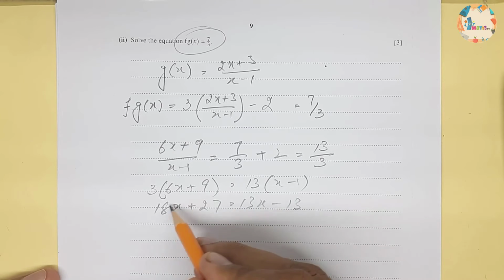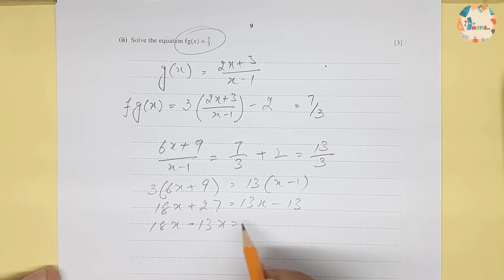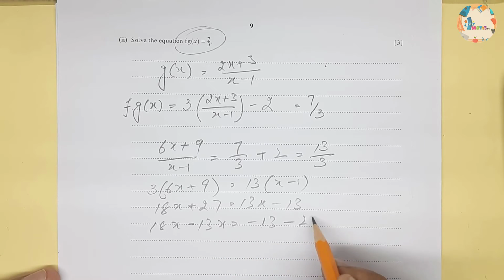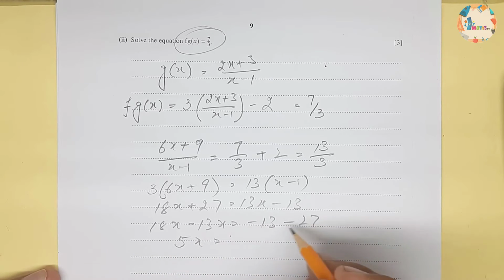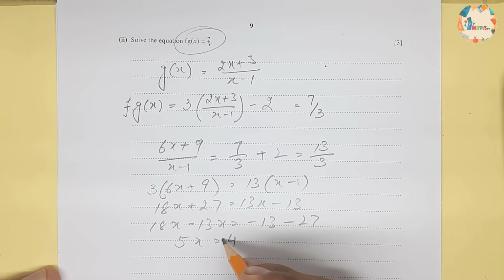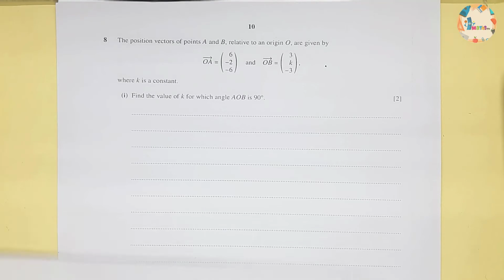Now we can shift x to this side, so it will be 18x minus 13x is equal to minus 13 minus 27, and this will be 5x is equal to minus 40, and x will be equal to minus 8, and this will be our answer to this part.